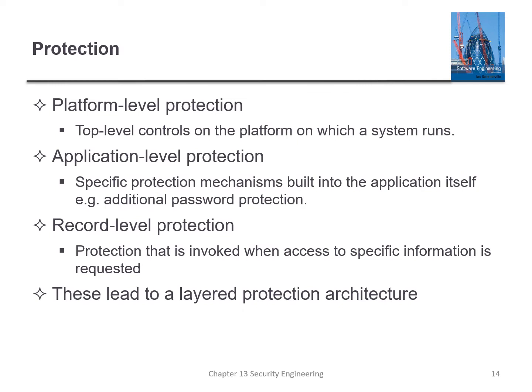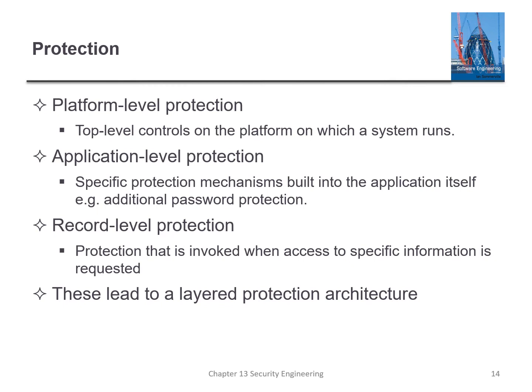So we're talking about protection just now. At this level, you are trying to think about how you want to protect the data. So maybe it can be done in a layered protection architecture, right? So protection at the platform level, at the application level, a specific protection mechanism built into the application itself, maybe like adding an additional password to allow only authorized users to access the data.